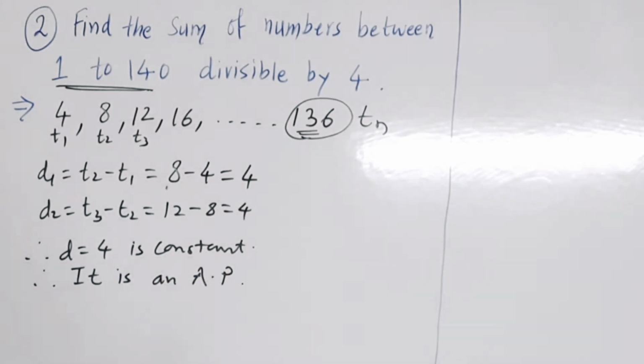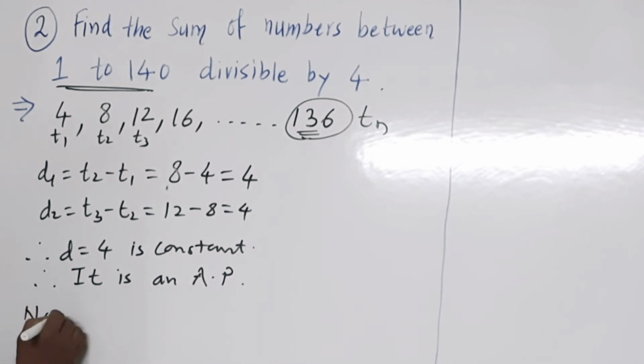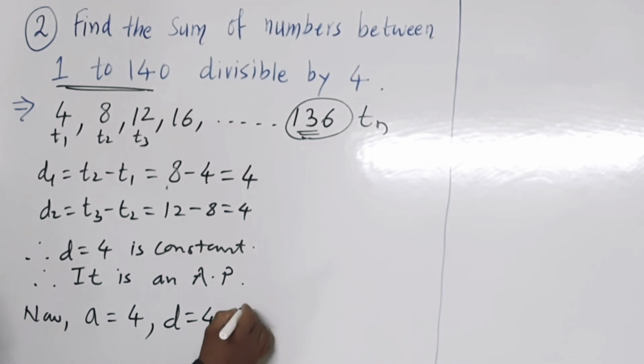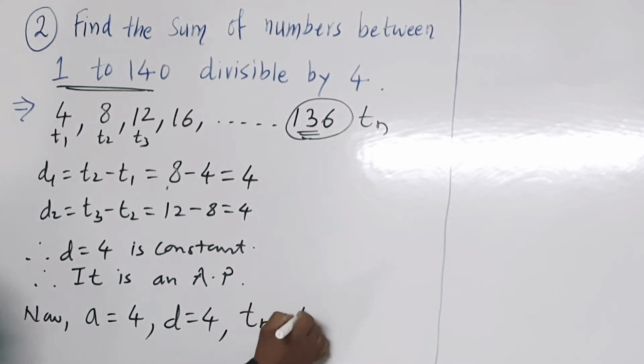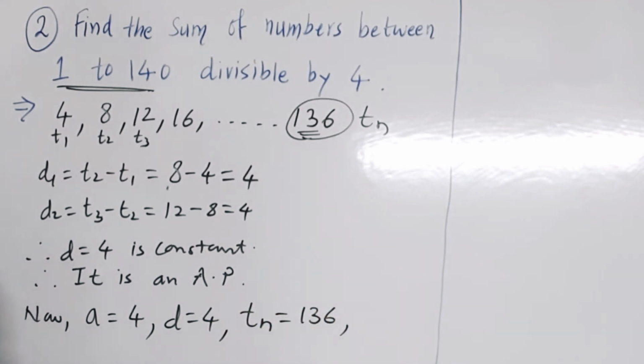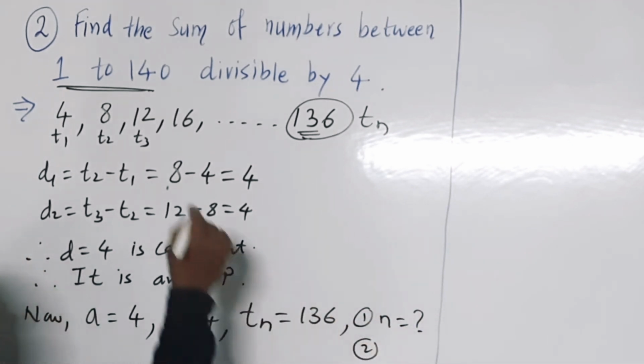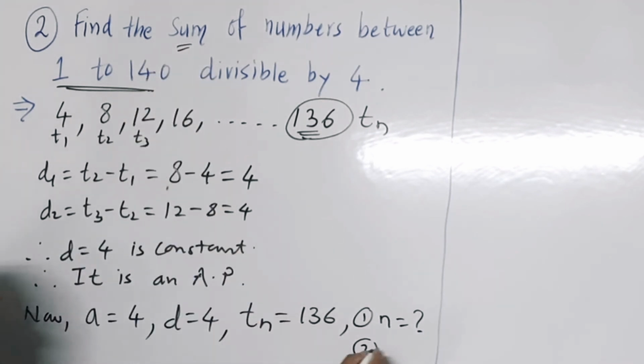It is an AP. Now in this AP, the first term A is equal to 4 and the common difference is also 4. Tn, the last term of the sequence, is 136. So here first we have to find n and then we have to find the sum, that is Sn.